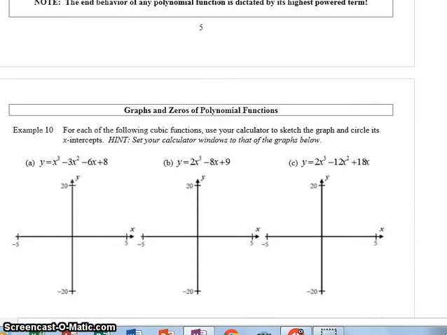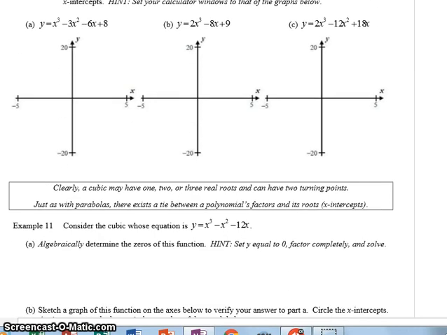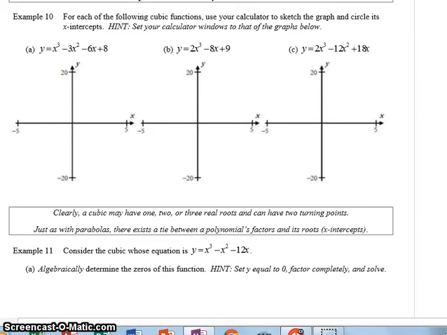Okay? All right, example 10. It says, for each of the following cubics, so all powers of 3, use your calculator to sketch. Now, guys, you have to make sure that these are accurate. So you don't want to just sketch them in and draw your favorite curve that looks similar. You need maximums, minimums. Look for the zeros. Look for y-intercepts. You need accurate points.